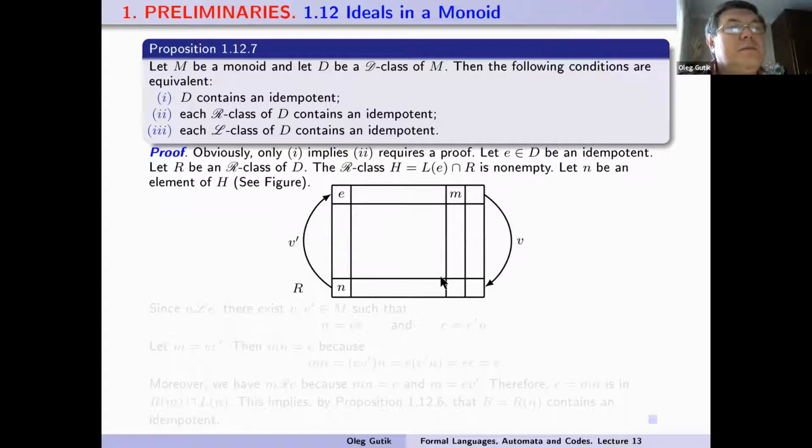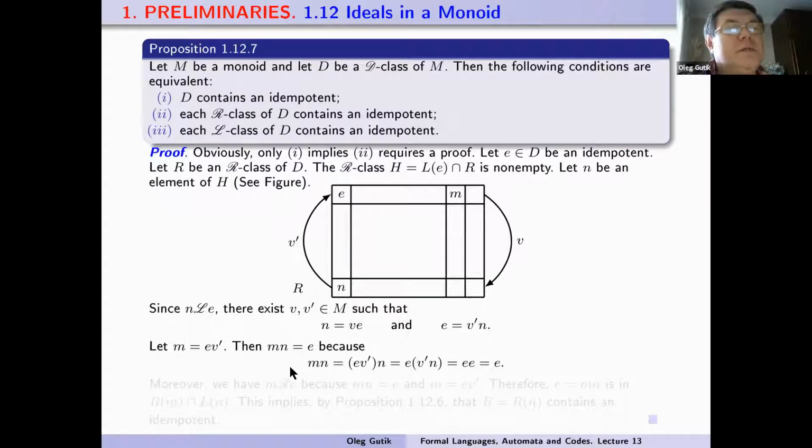See figure. Since elements N and E are equivalent, there exist elements V and V prime from M capital such that N is equal VE and E is equal V prime N. Let M be equal E V prime, then we get Mn is equal E, because Mn is equal E V prime multiply N, which is E multiply V prime N, which is E V E, which is equal E. Moreover, M and E are equivalent because Mn is equal E and M is equal E V prime.